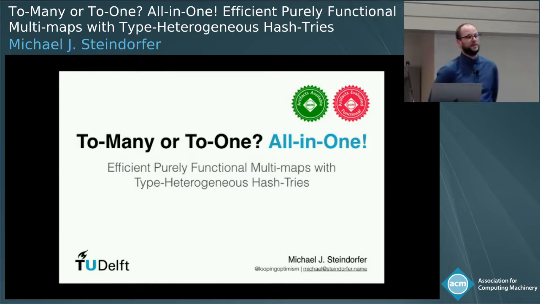It's a different breed of multi-maps. It's a different breed of data structures. My work is based on hash tries, which are so-called persistent data structures, immutable data structures that you can efficiently update, or from which you can efficiently derive new variants. And Guava doesn't have persistent data structures, but immutable ones. Yeah, so that's the main differentiation.